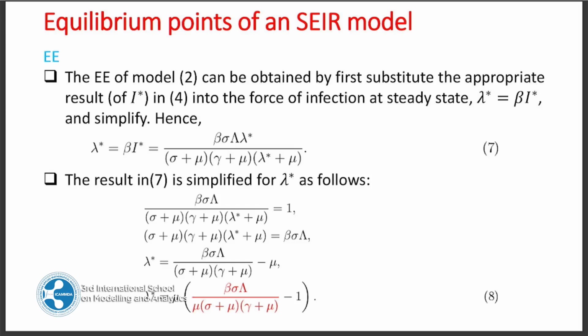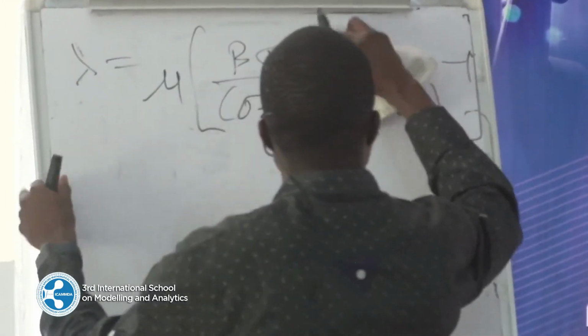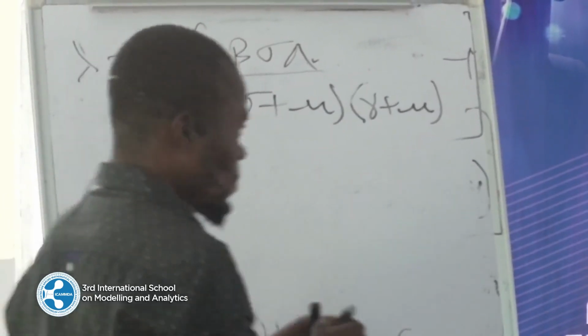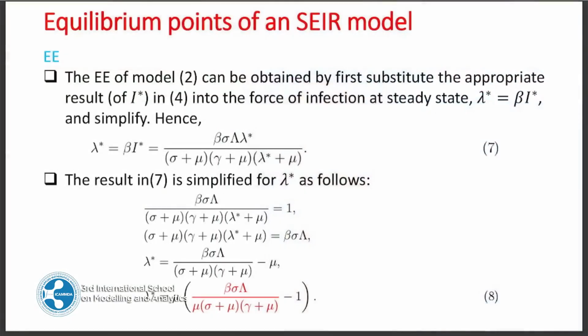It's supposed to be mu outside, then it will be 1 over mu. So that will lead us to getting that result.